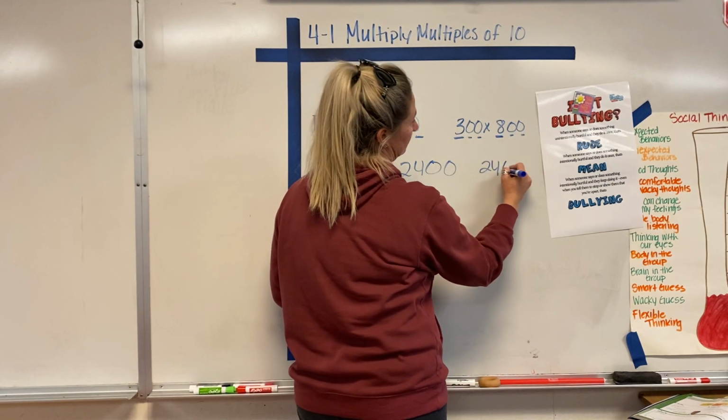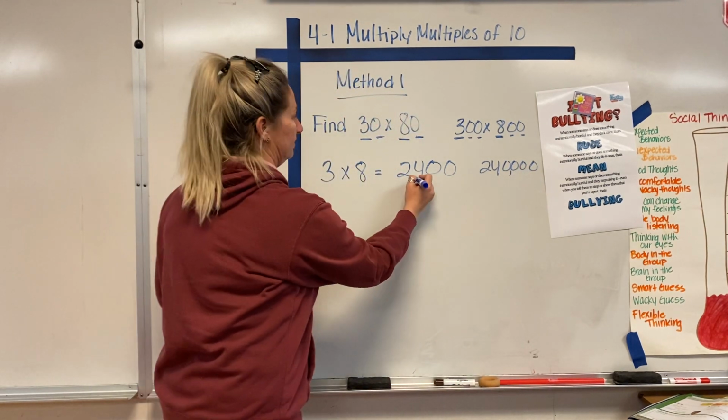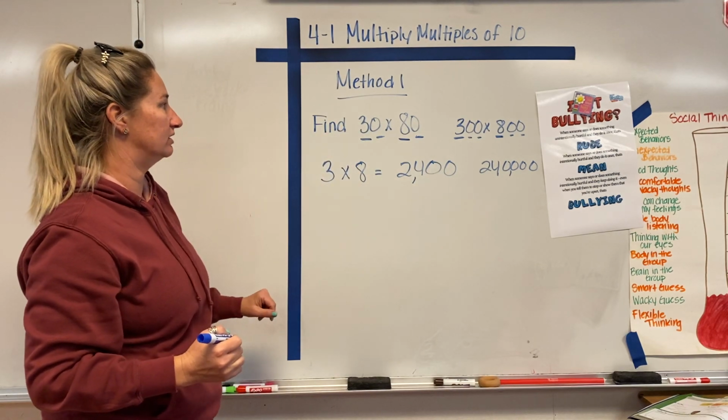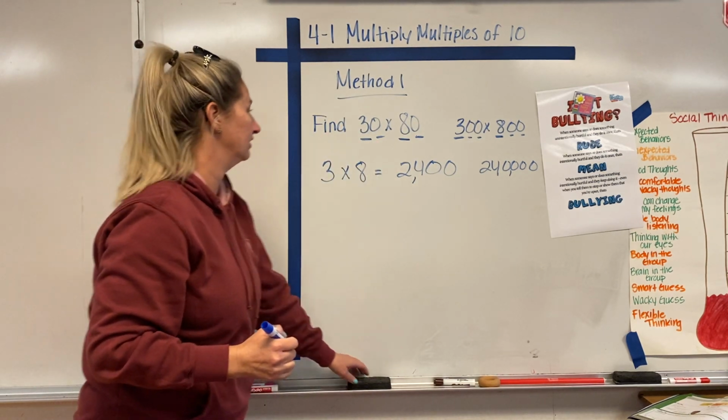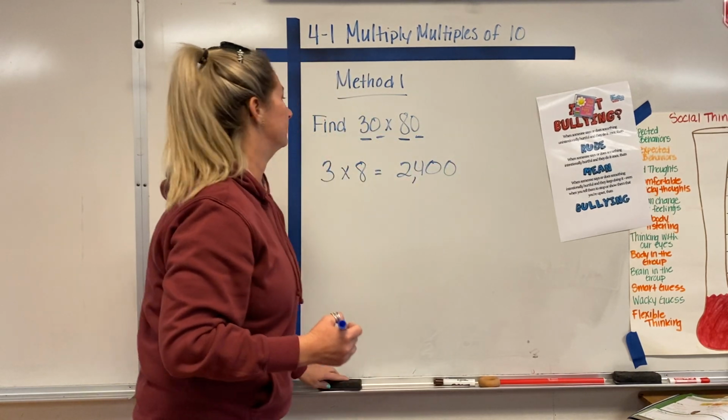This has 4 zeros. Okay, this is as far as we're going today, though. We're just going to do up to the tens place. Okay, so that is method 1.